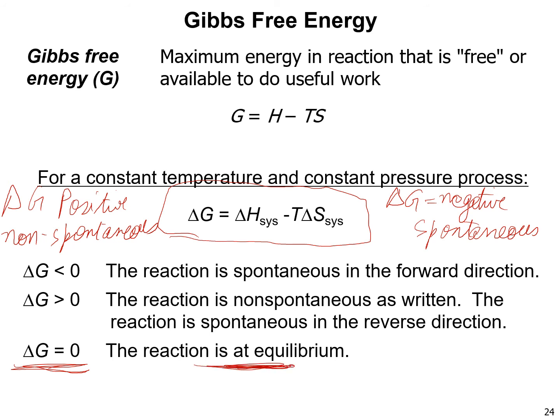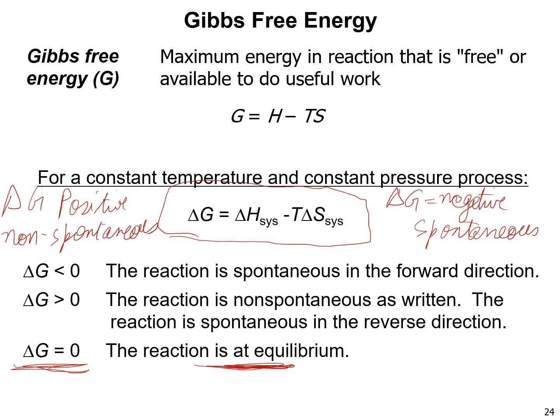So what you see right here, delta G is less than 0, meaning it's a negative number. The reaction is spontaneous in the forward direction, whatever direction is given to you. If delta G for a reaction is greater than 0, meaning it has a positive value, the reaction is non-spontaneous as it is written.